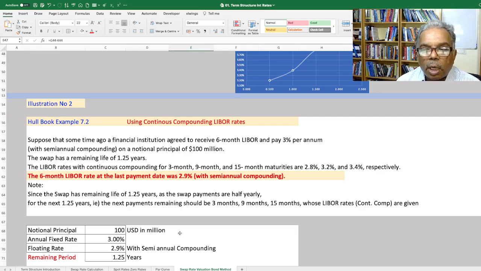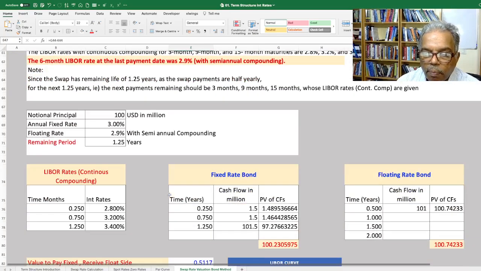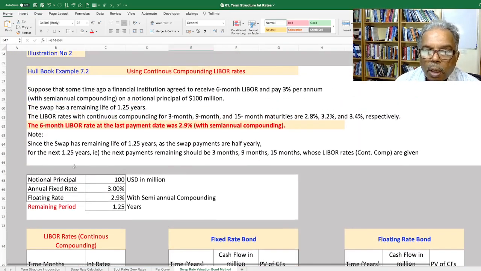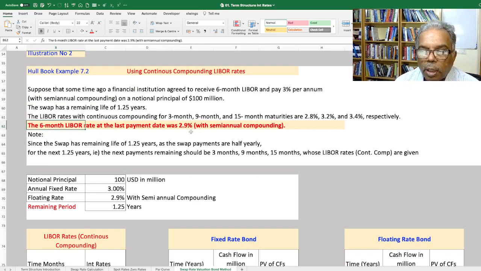The swap has a remaining life of 1.25 years. The LIBOR rates with continuous compounding for the remaining periods of 3 months, 9 months, and 15 months are 2.8%, 3.2% and 3.4% respectively. Important note here: the 6 months LIBOR rate at the last payment was 2.9% with semi-annual compounding.